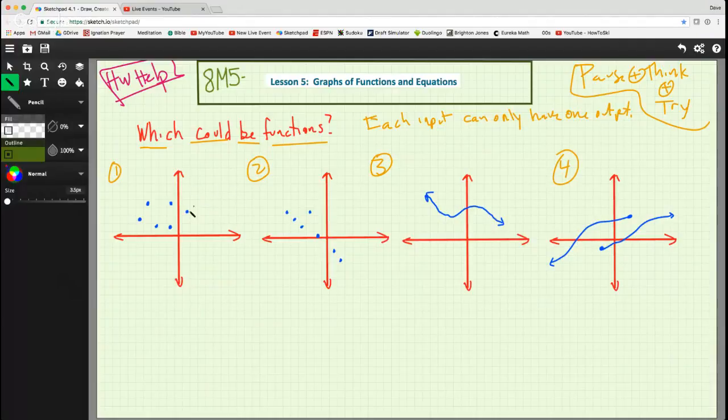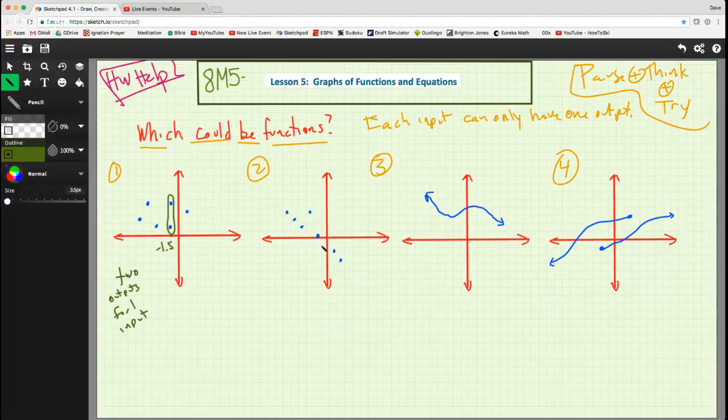I assume you've paused and tried, so let's look. We have a problem here, Houston. Right here, we have one input, we have two outputs, and for the negative 1.5, we have two values, or two outputs for one input right here.